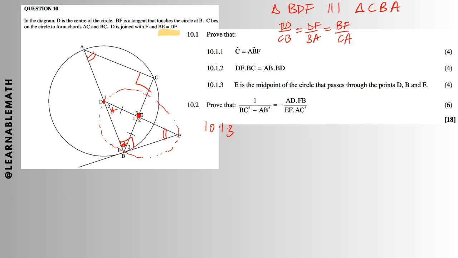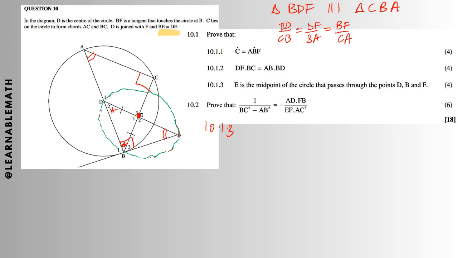So if E is the midpoint of this circle that will pass through D, B, F, which I've shown you in red, maybe let me use a different color so that you can clearly see this new circle that will pass through these points. So we want to prove that E is at the midpoint, at the center.